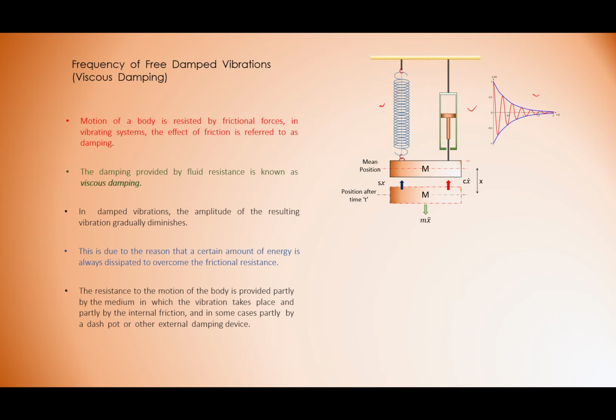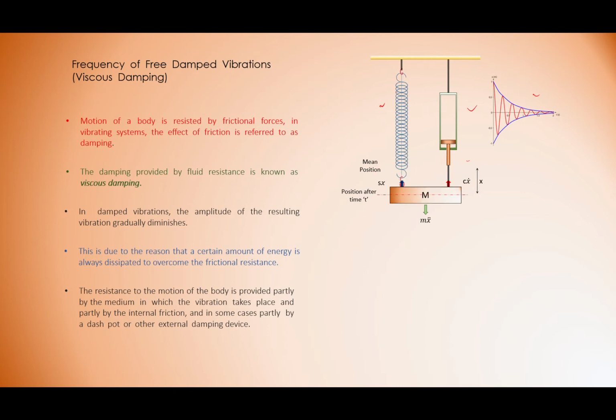Now, the resistance to the motion of the body is provided partly by the medium in which the vibration takes place, partly by the internal friction, and in some cases partly by a dashpot or other external damping device.